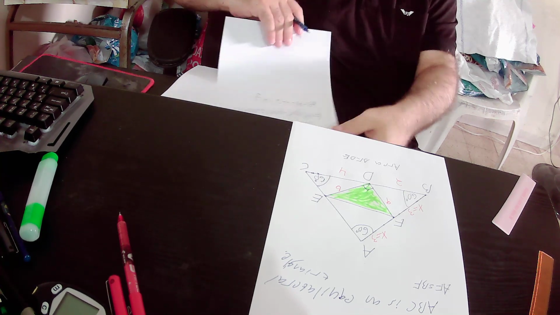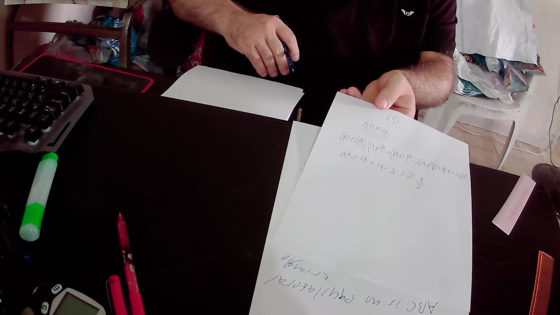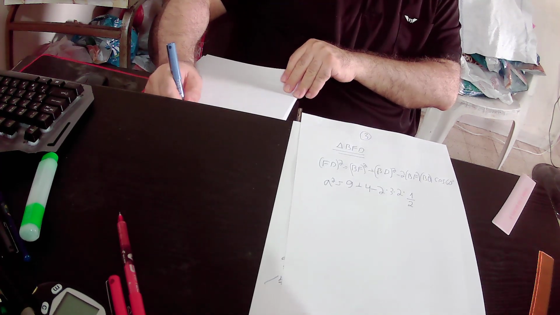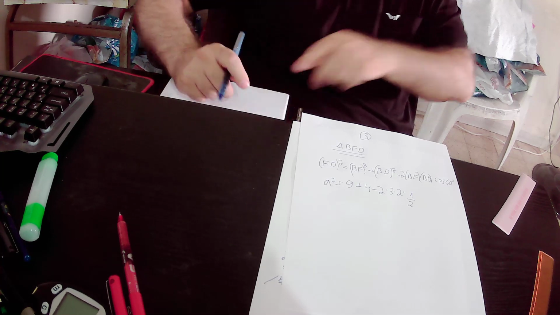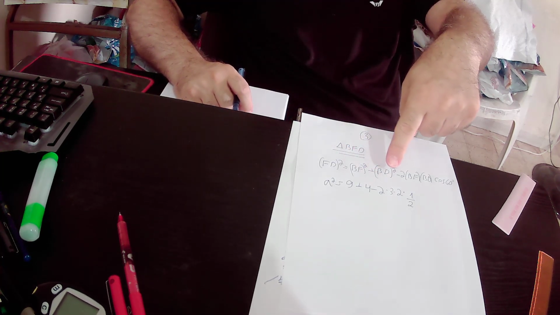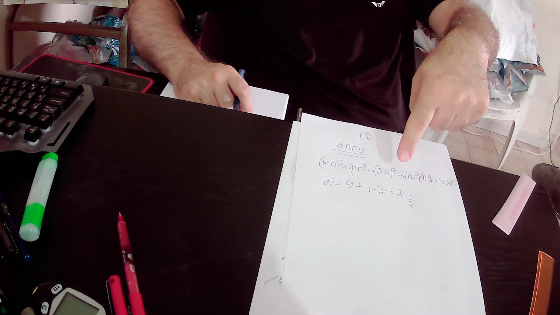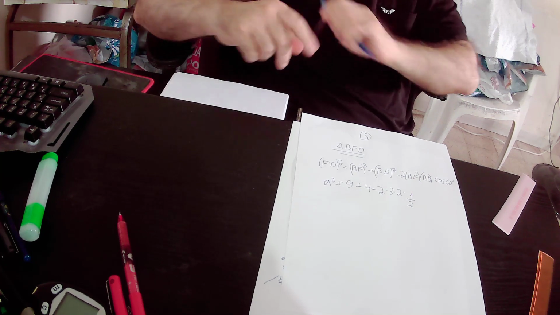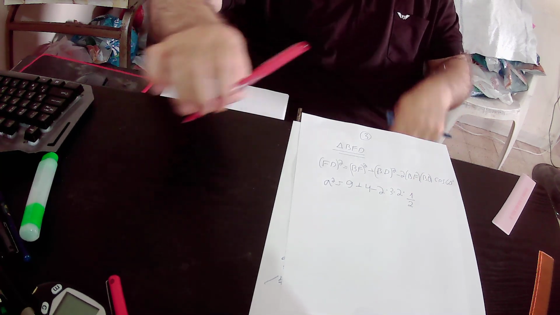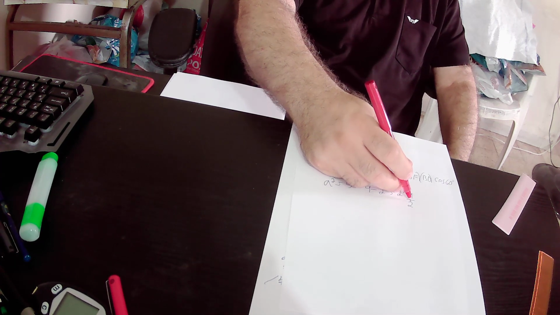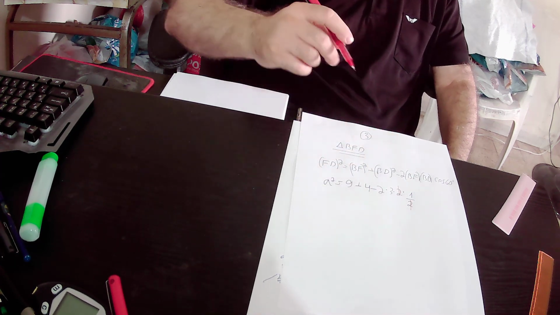So in total we got that A squared equals 9 plus 4 minus 2 times 3 times 2 over 2. Here we have 2 in the numerator and 2 in the denominator, so the 2 is cancelled.